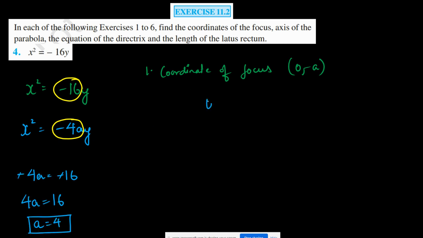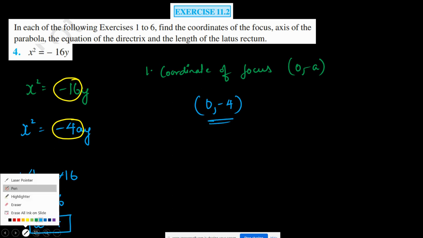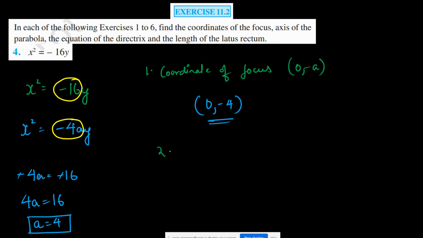So I can write it as 0 comma minus 4. This is going to be the coordinate of focus. Next, I can write the equation of directrix.